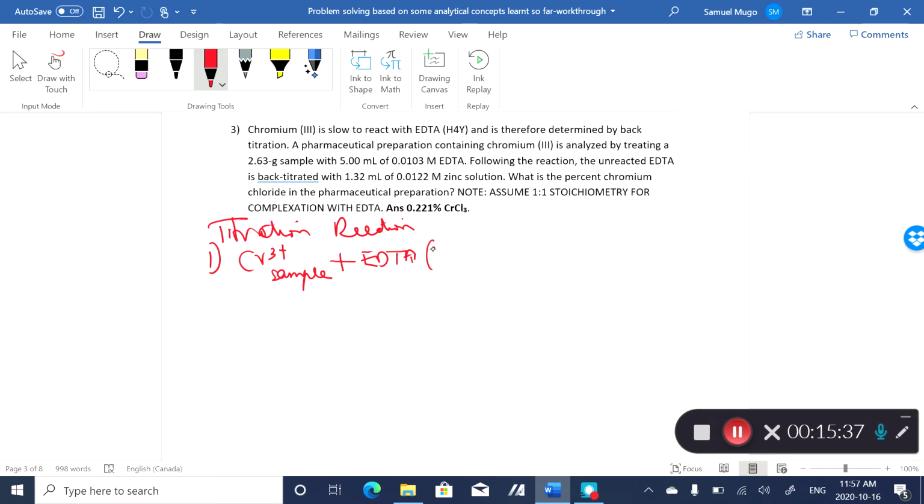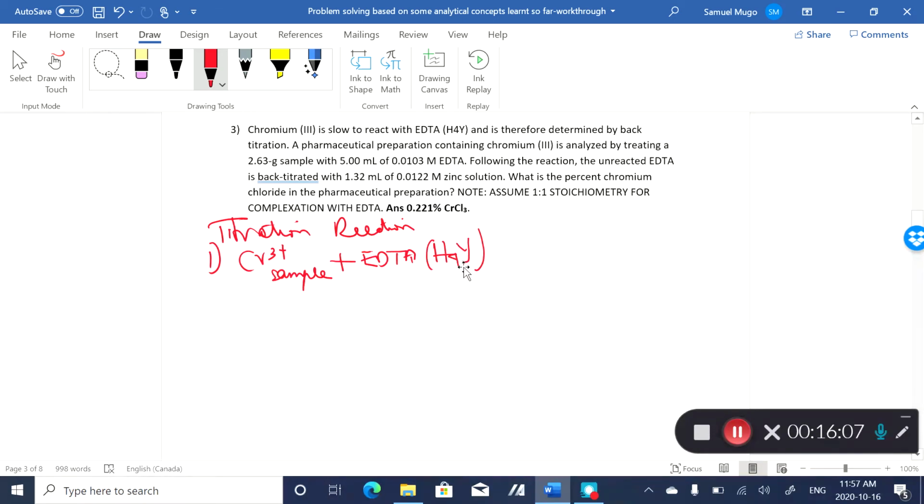Sometimes people symbolize EDTA using H4Y, because it's got up to 4 hydronium ions that can dissociate. We were talking about polyprotic acids the other day. That's why it's H4Y.